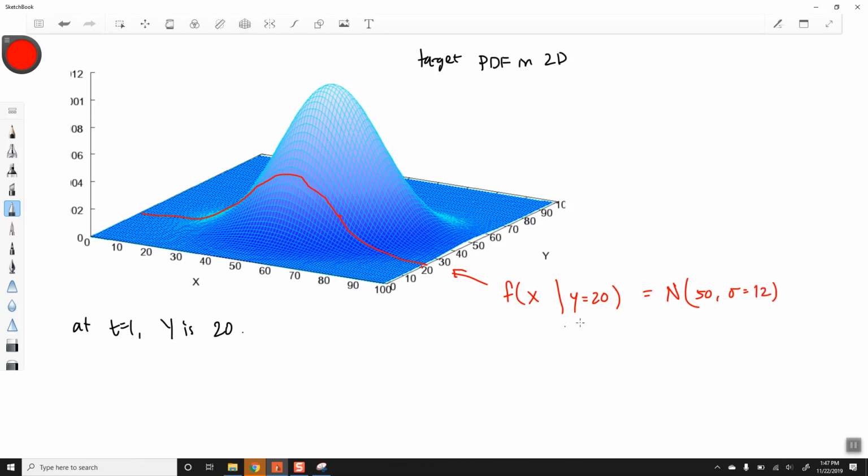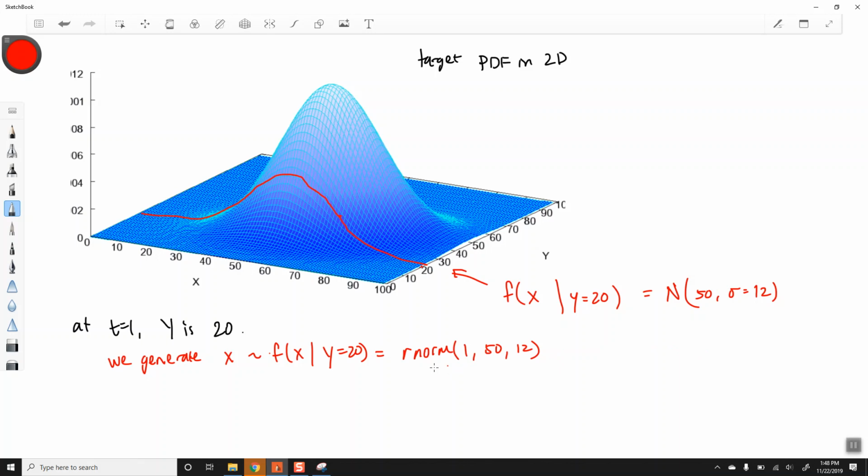Okay, so at time t equals 1, y equals 20, and we generate x coming from f of x given y equal to 20, which is the same thing as doing rnorm of 1 value, where the mean is 50 and the standard deviation is 12. I just made up these numbers.